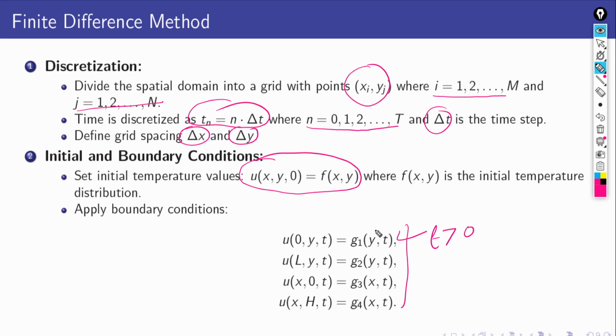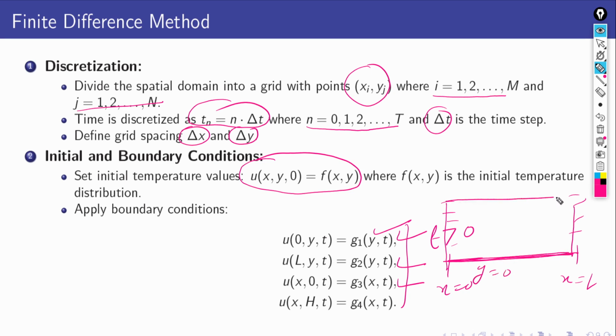So this is the left boundary condition and this is the right boundary condition. Suppose that here is x equal to 0 and here is x equal to L. So the left boundary and right boundary values are given. And this is the lower boundary when y is equal to 0, and this is the upper boundary when y is equal to h.